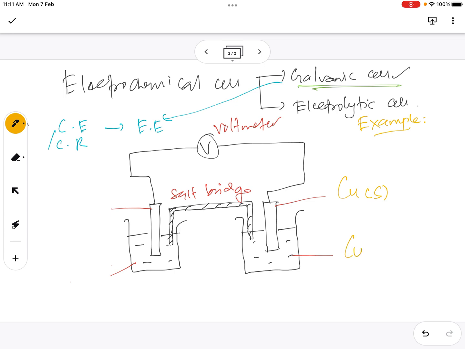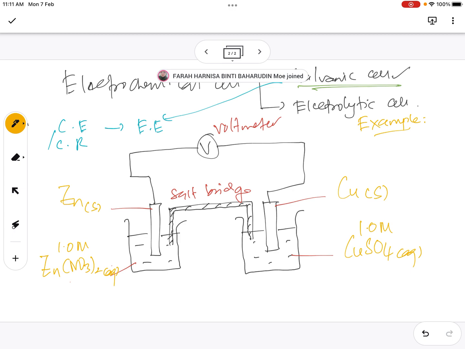So let's say copper(II) sulfate aqueous, 1 molar. Contoh lah. And then here maybe we can use a zinc solid. And then here we use zinc nitrate aqueous, 1 molar. Contoh.